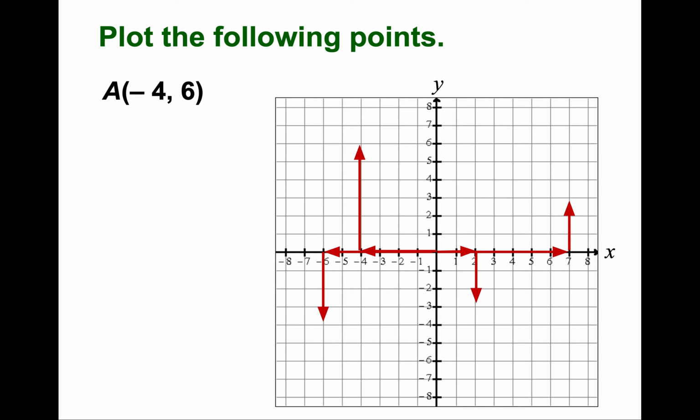So let's draw these points on the Cartesian plane. Now we name these points A, B, C, D, E in order to make it easier to name the points. For example, if A is -4 and 6, that means -4 to the left and 6 up, which is right there.